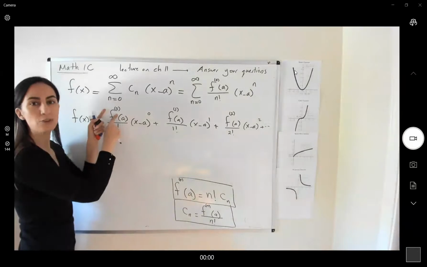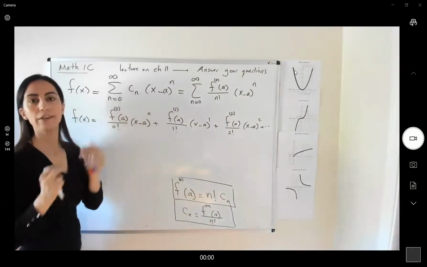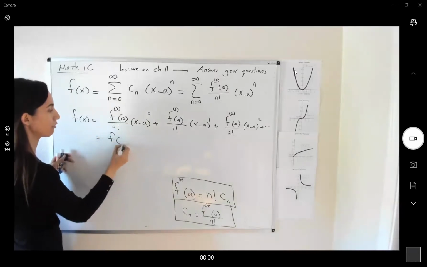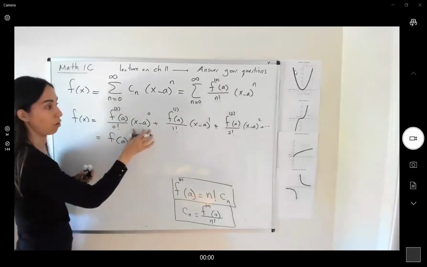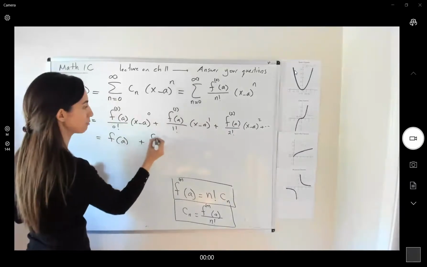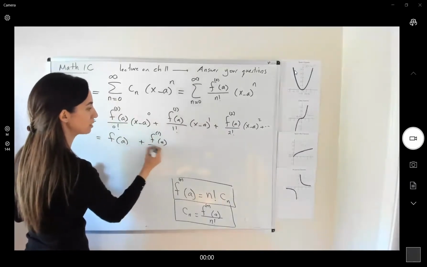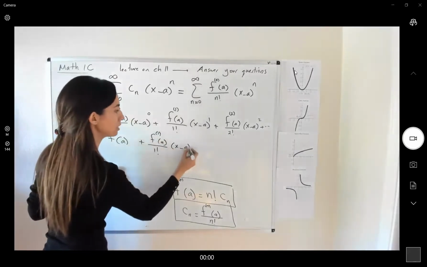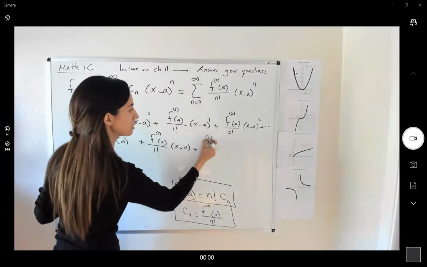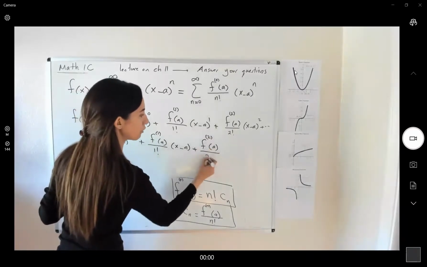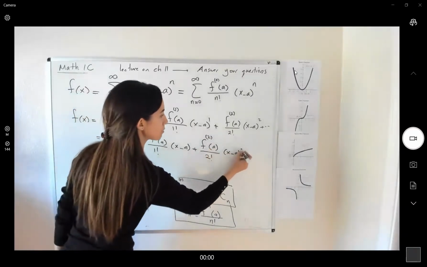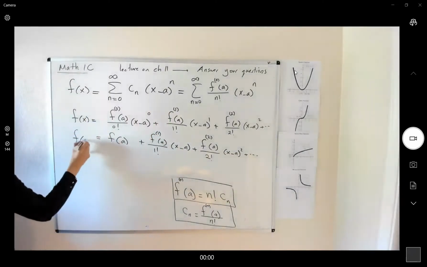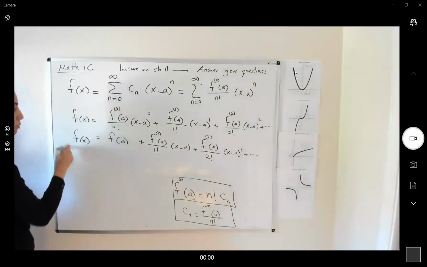The 0th derivative of the function is the function itself, so this is f of a, plus f prime at a divided by 1 factorial, which is just 1, times x minus a, plus the second derivative at a divided by 2 factorial times x minus a squared, plus the rest of it. So for any function, this formula is important.